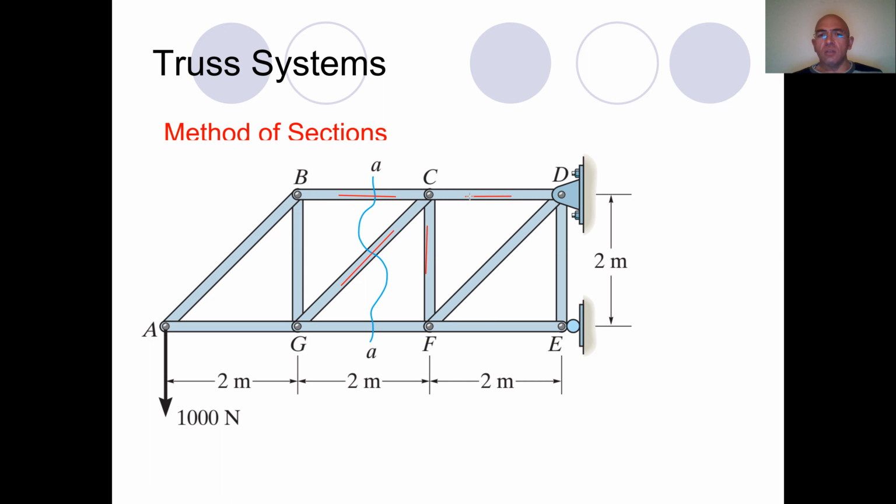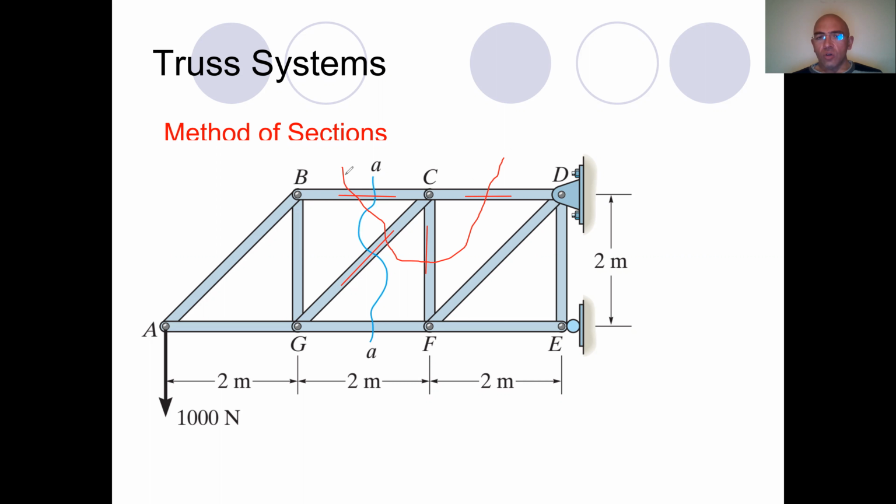You see that you now have 4 members, and if you use the idea of the method of sections, it will not work here, because when you cut the structure like this, of course you cannot take joint C, because now joint C is isolated. And if you write the static equilibrium for the rest of the structure, you have 4 unknowns and 3 equations. This basically means that you cannot solve it.